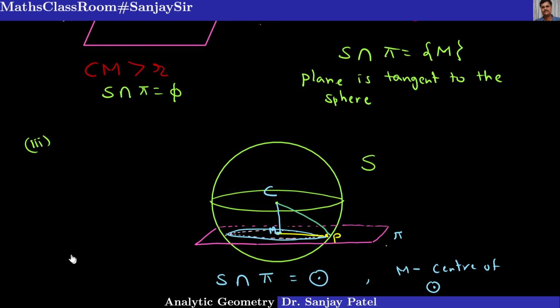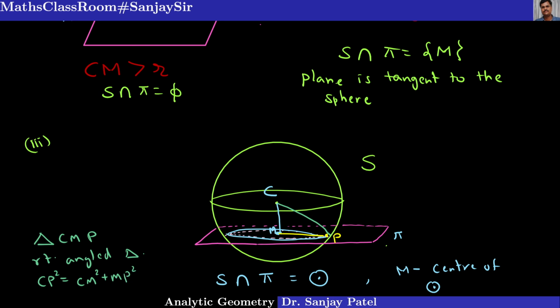So in this right angle triangle, CP squared is equal to CM squared plus MP squared.